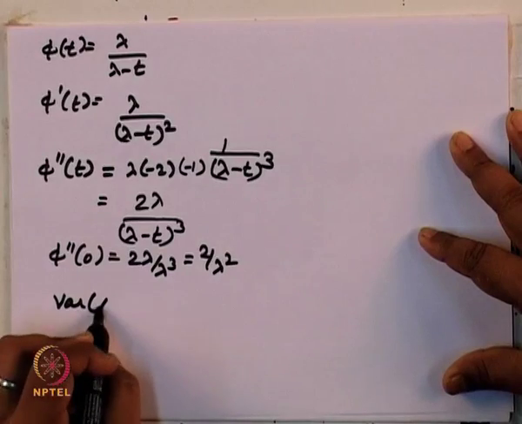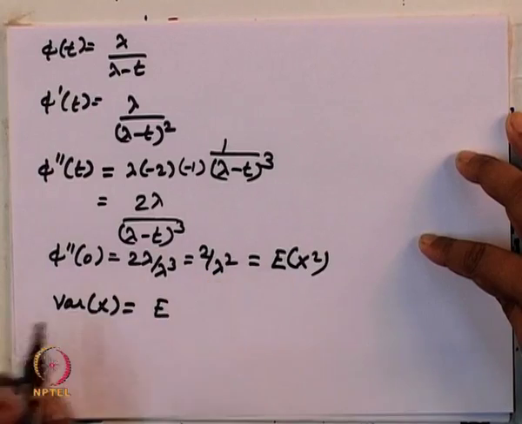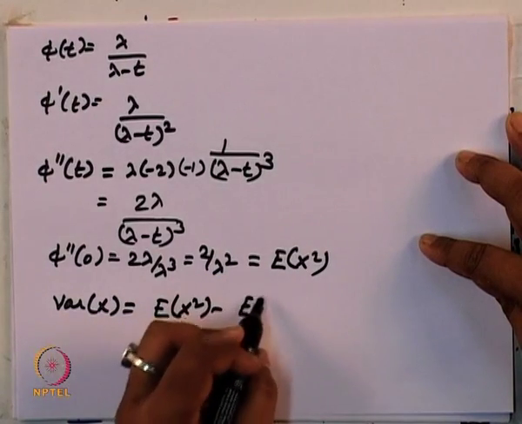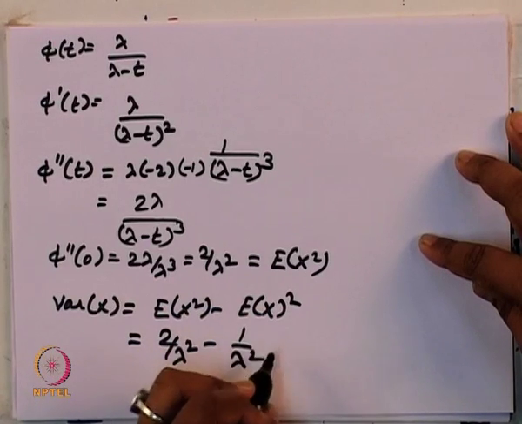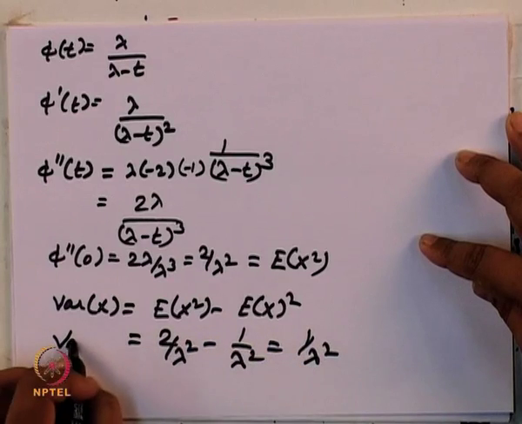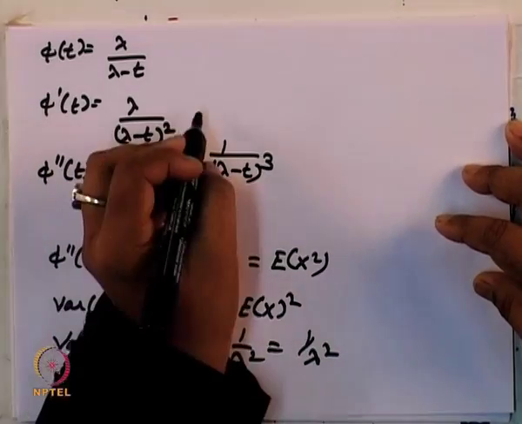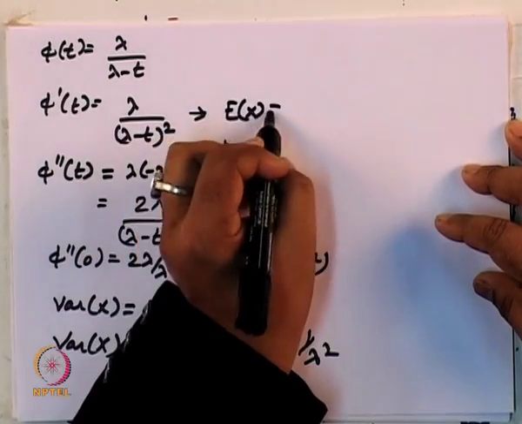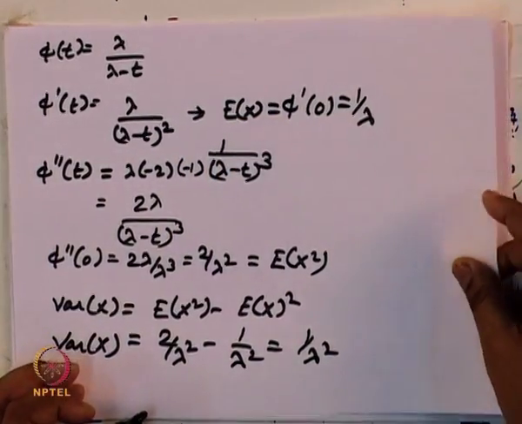So, the variance of X is E of X square minus (E of X) whole square, equal to 2 by lambda square minus 1 by lambda square, which is 1 by lambda square. Okay. So, the variance of X gives you 1 by lambda square, and the expectation of X is phi prime of 0, equal to 1 by lambda. One very important property of exponential distributions.